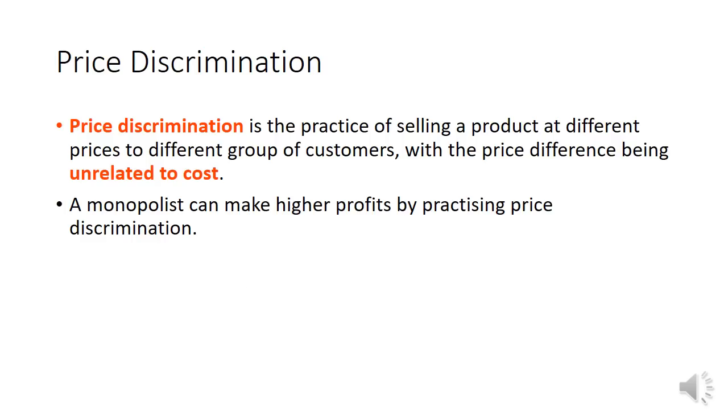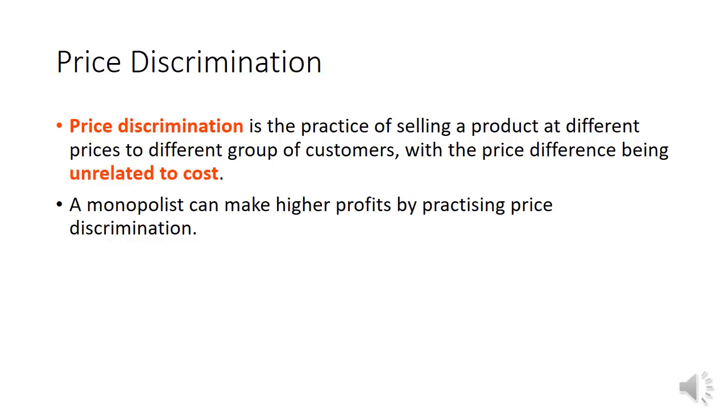Now, because the monopoly holds such huge market power, it's able to price discriminate. What's price discrimination? It means that you are selling the same product that costs the same to make to different buyers at different prices. Usually the monopoly seller will try to gauge who needs his product more.